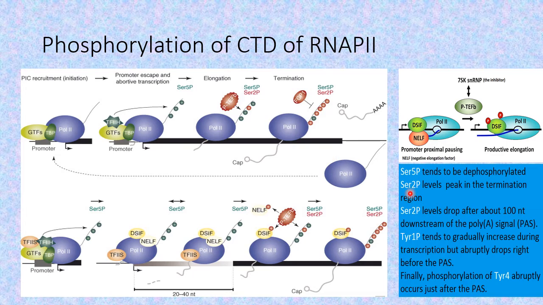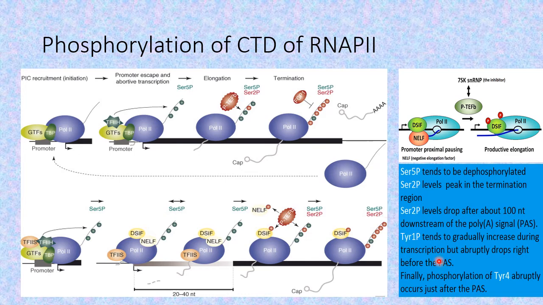And then, once it moves past this termination point, there's a marked drop in the phosphorylation of serine 2. Beyond this is the poly A signal, from where the poly A tail has to be added on the transcript.